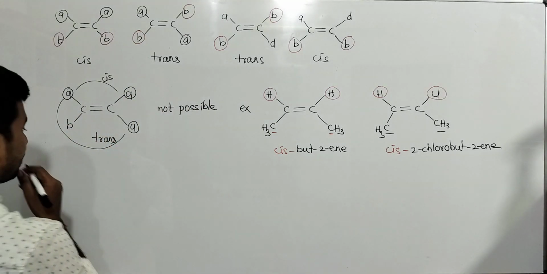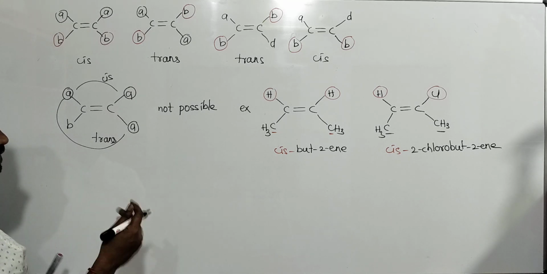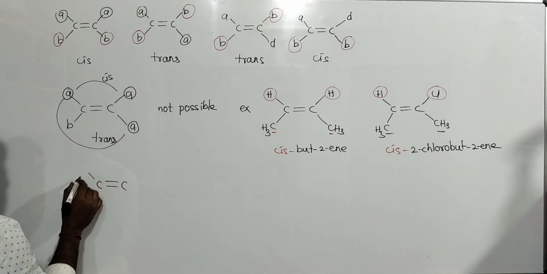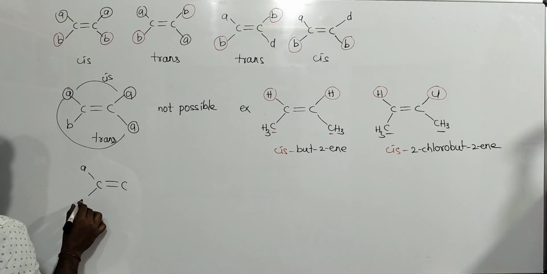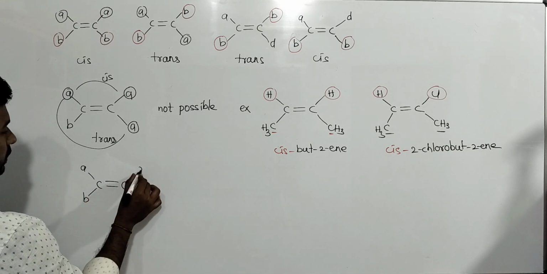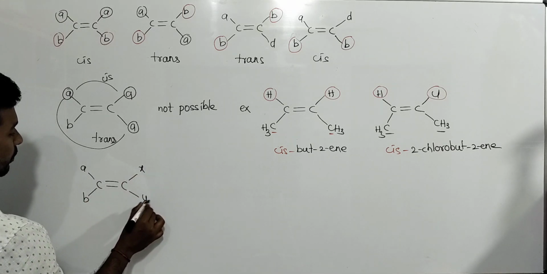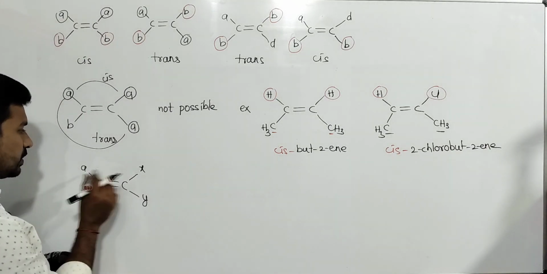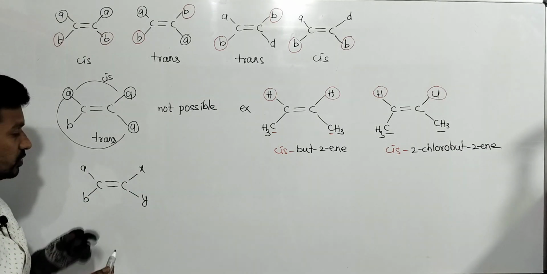Okay, next. Whenever four different groups are present on the carbon-carbon double bond system, A here, B here, this is some X group, this is some Y group, is geometrical isomerism possible? Are similar groups there or not? No, there are no similar groups.